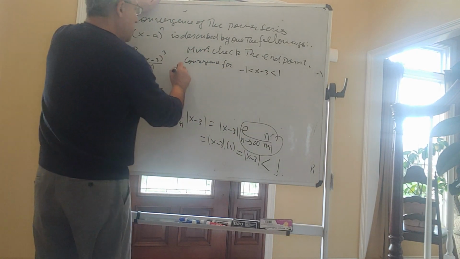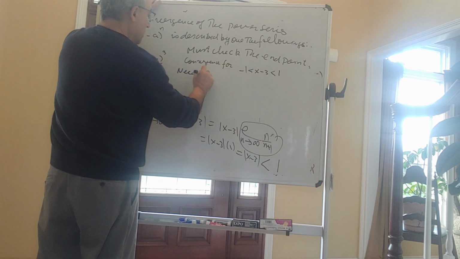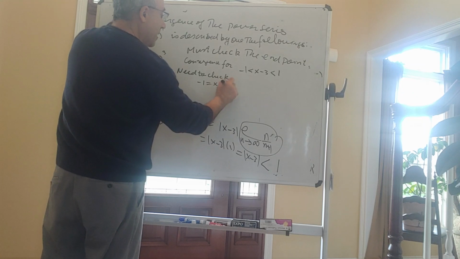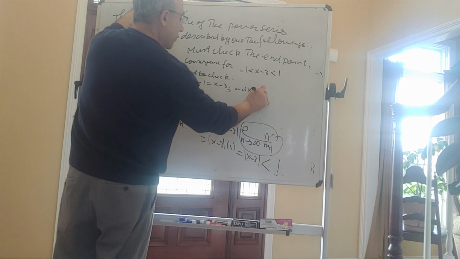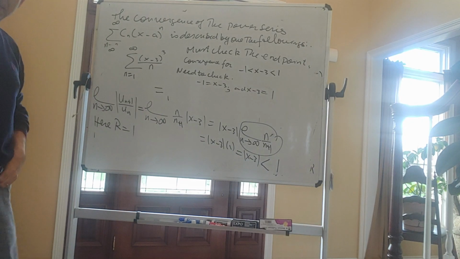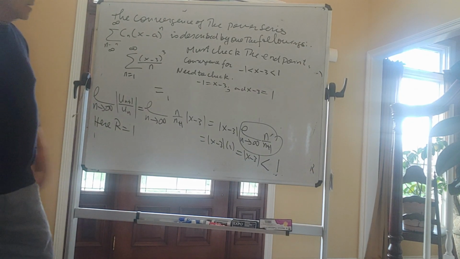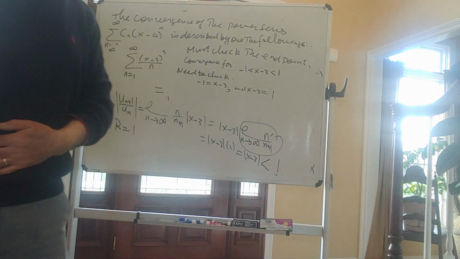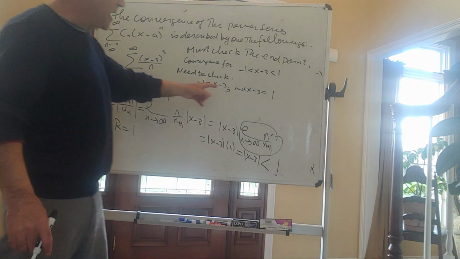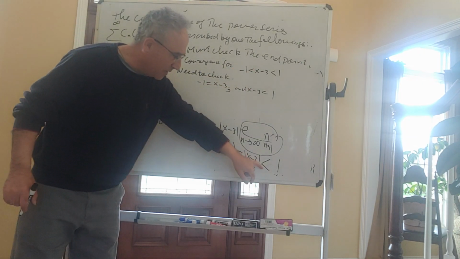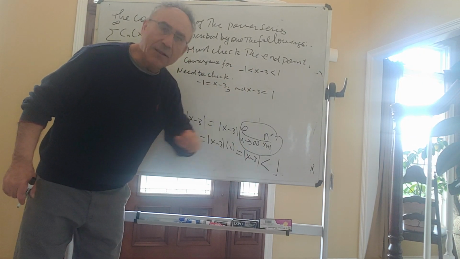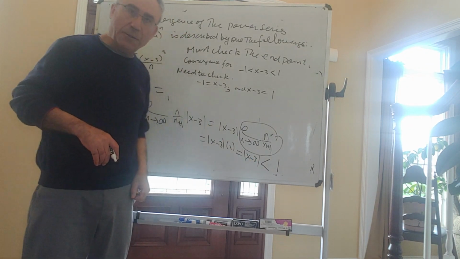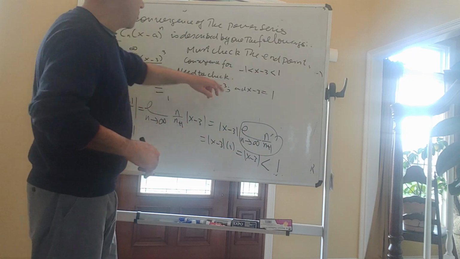So we need to check x minus 3 equal to minus 1 and x minus 3 equal to 1. Is that clear? That's what we need to check, because we don't know about the equal case. Remember, if the ratio is equal to 1, then the ratio test is inconclusive. So we're trying to make sure we set it equal to 1.